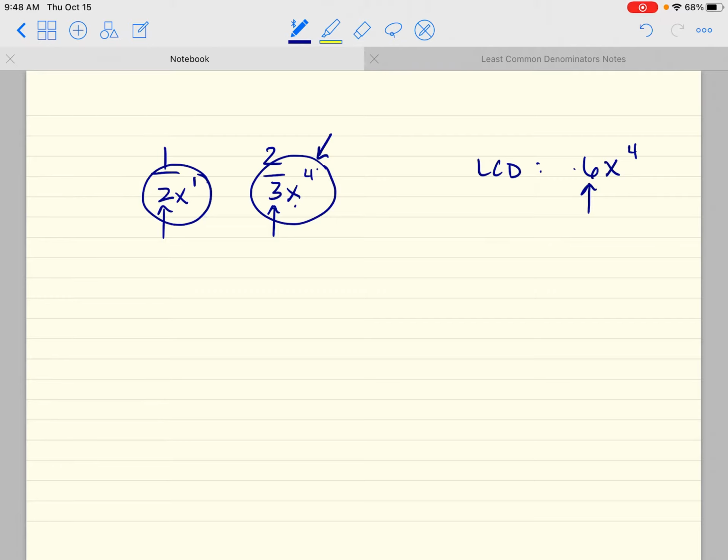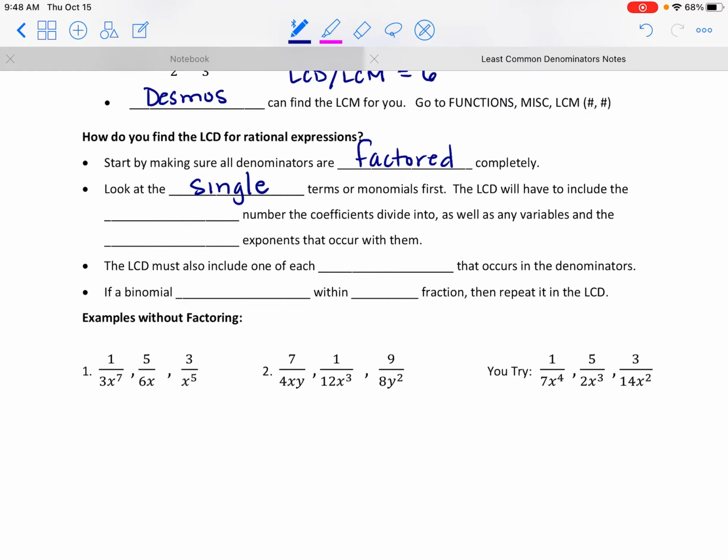So far, if I had 2x and 3x to the 4th, my least common denominator would be 6x to the 4th. So the LCD is going to have to include the smallest number that the coefficients divide into, as well as any variables and the largest exponents that occur with them.